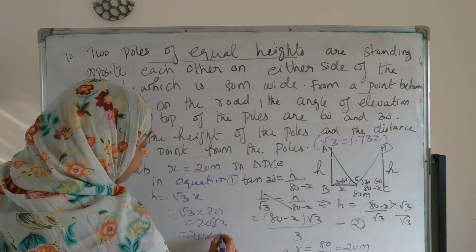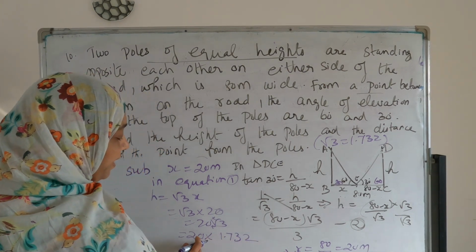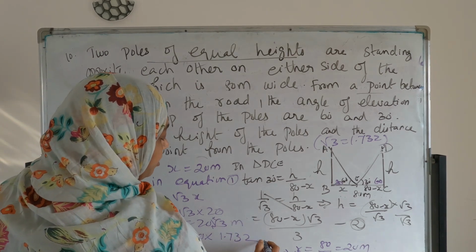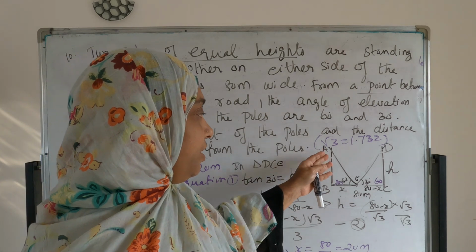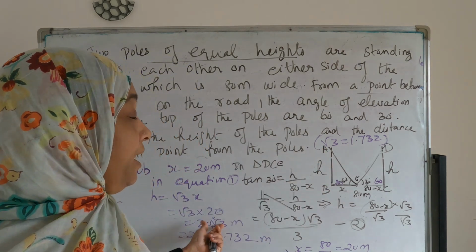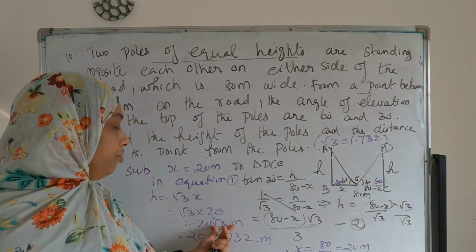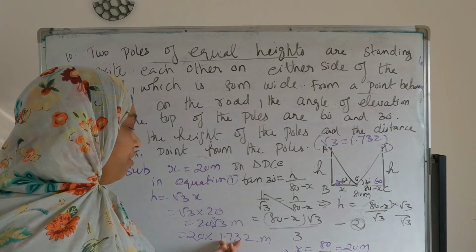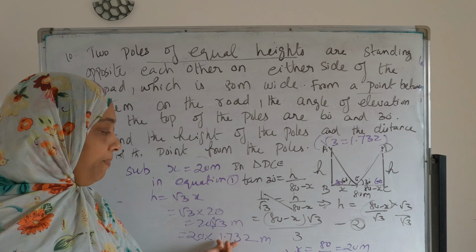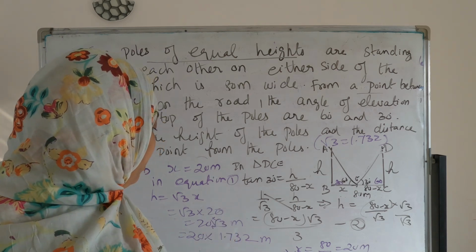So multiply by 1.732 and write the answer. The unit is meter. Here in the textbook there is no such representation, so no need to do it. If the question specifies, you should multiply with 1.732. Otherwise at least multiply with 1.73 in the answer sheet of your board.